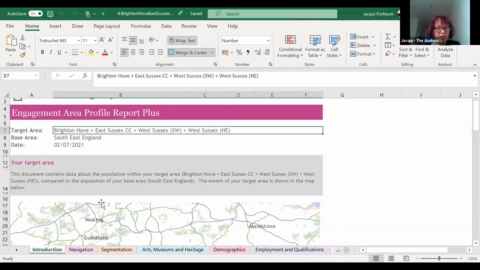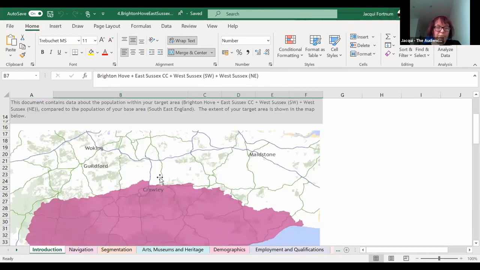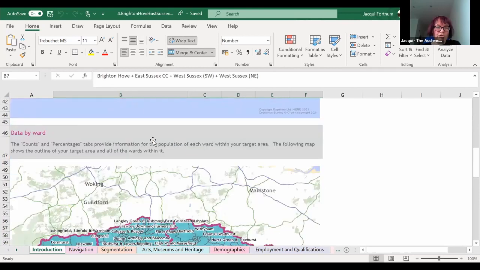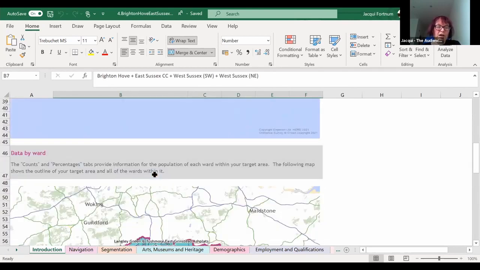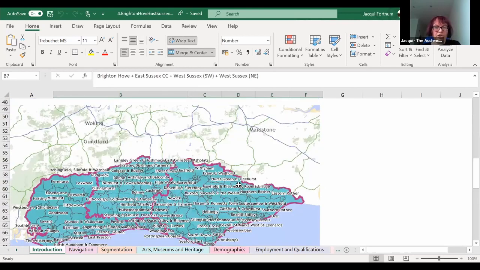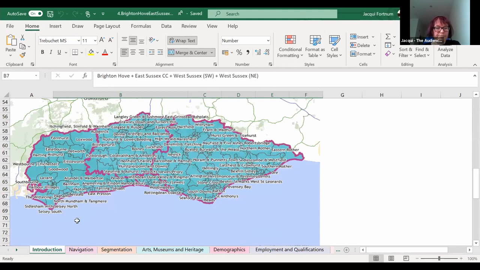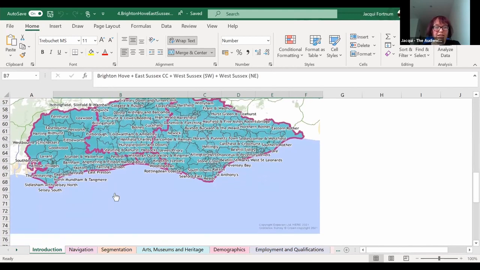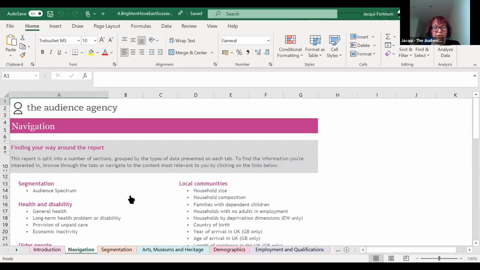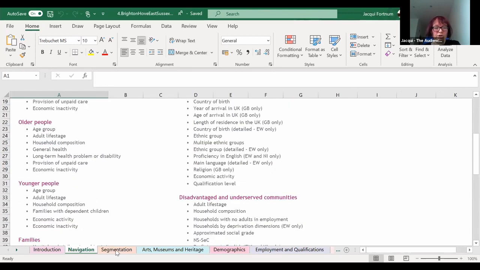Go back to the introduction. So again, you have the map showing what your catchment area is, and then the other map which shows the wards that it covers. And then all of the data is exactly the same within those tables.